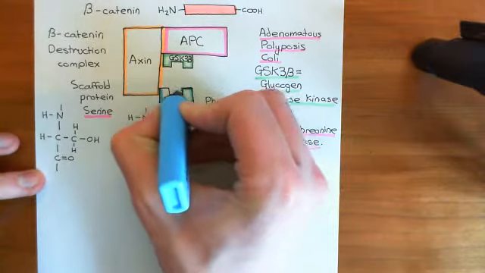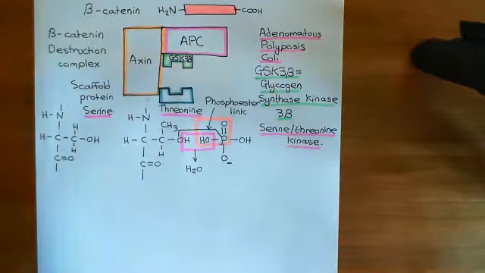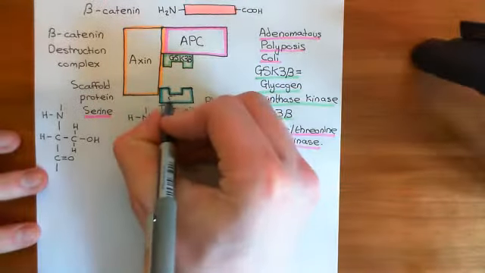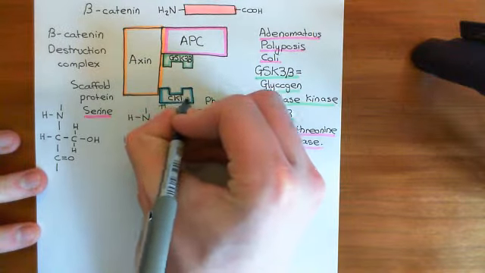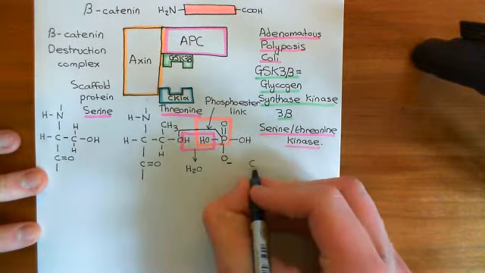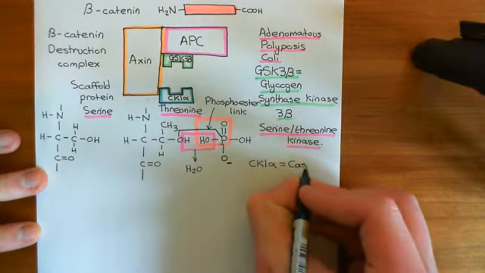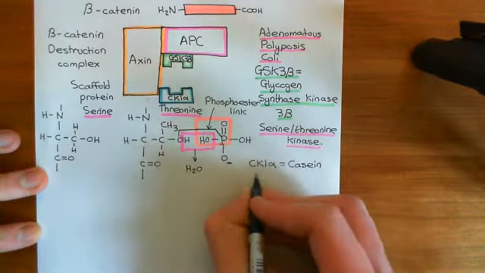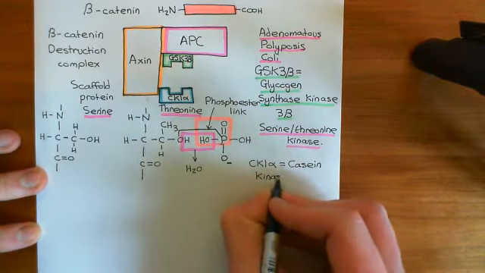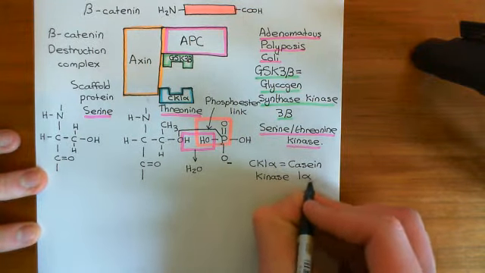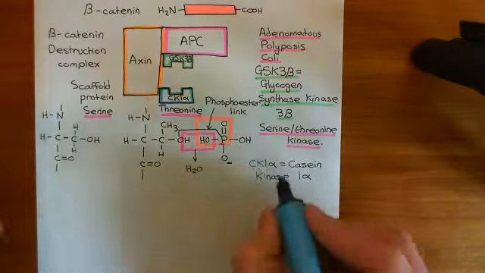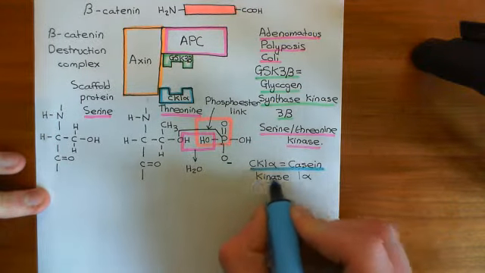This is casein kinase 1 alpha, which I'll abbreviate to CK1 alpha. CK1 alpha stands for casein, that's the C, and then kinase, that's the K, and then casein kinase 1 alpha. So this is the enzyme we've got there in blue.